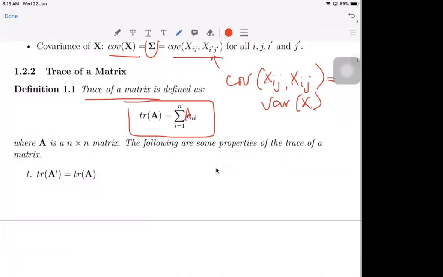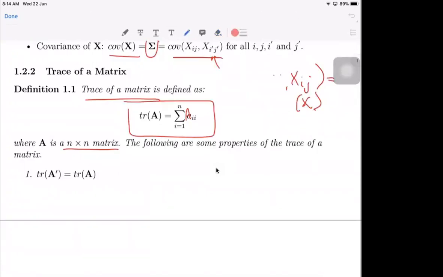Now A here is an n by n matrix. Okay, so these are some properties of your trace. When you get the trace of the transpose of a matrix, it's still equal to the trace of the original matrix A.